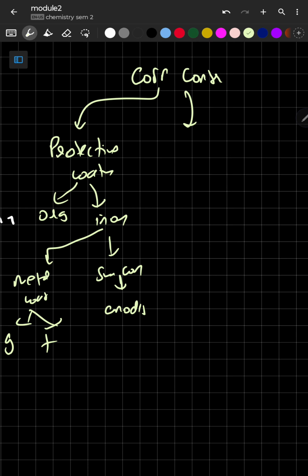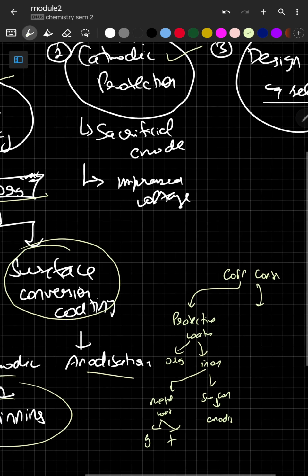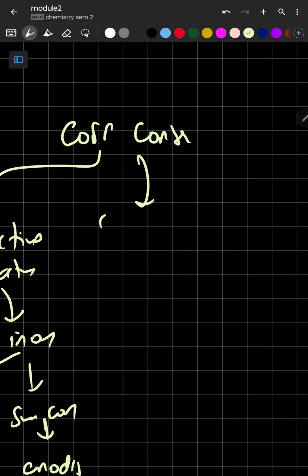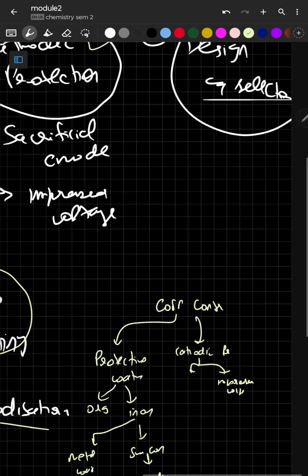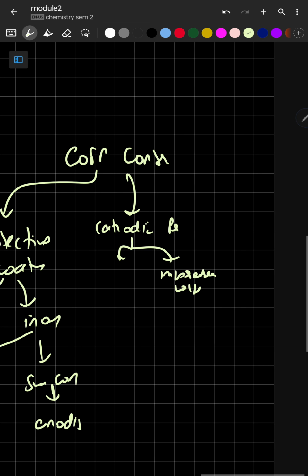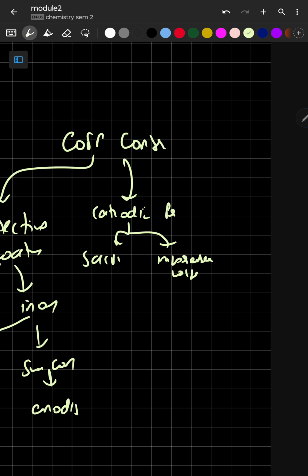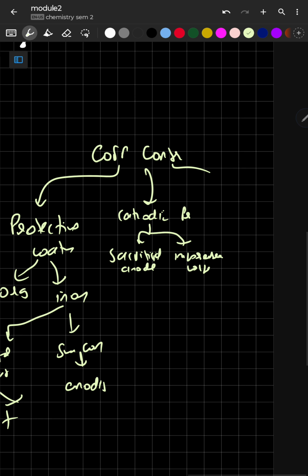The next type is, I forgot, cathodic protection. Under cathodic protection, one is impressed voltage. The other one is sacrificial anode. I know what is going to happen, but I forgot the name. And the next one is design and selection.